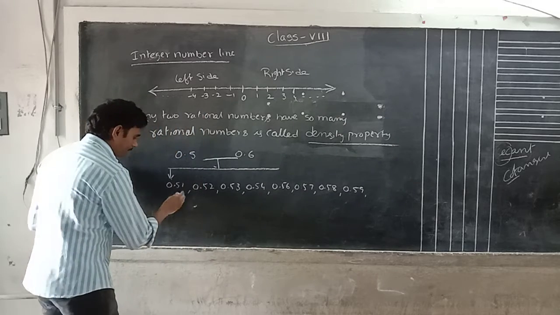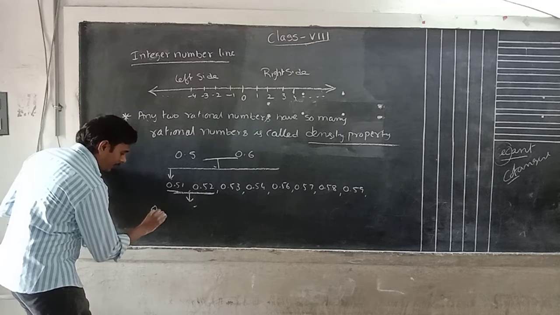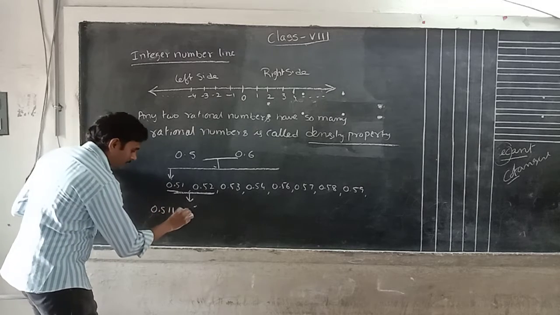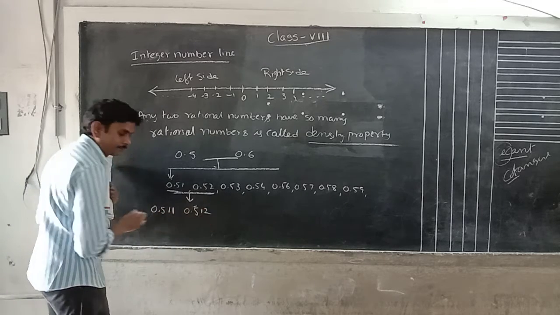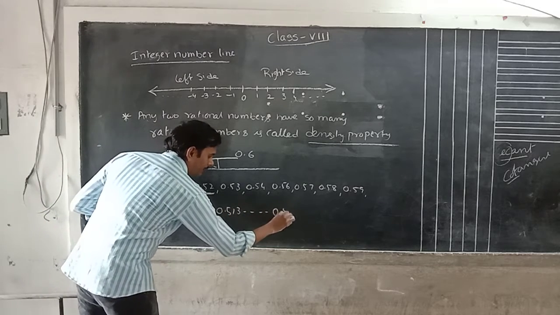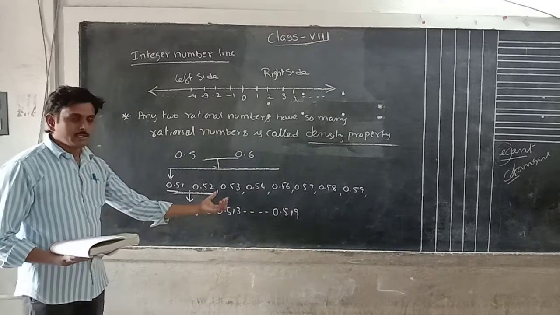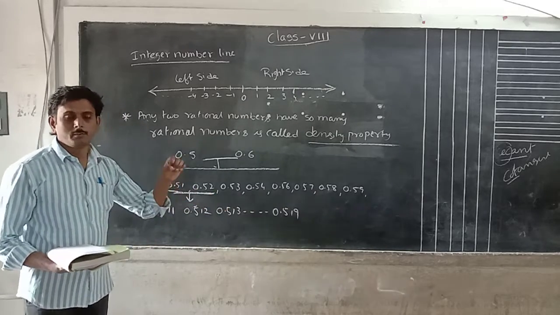Between these two numbers also we can write so many numbers: 0.511, 0.512, 0.513, like that we can write up to 0.519. Exactly, between any two rational numbers we can write so many numbers.